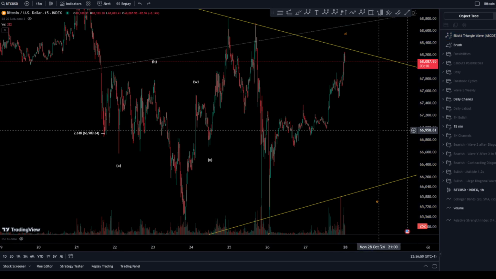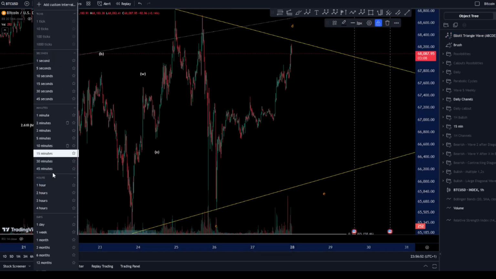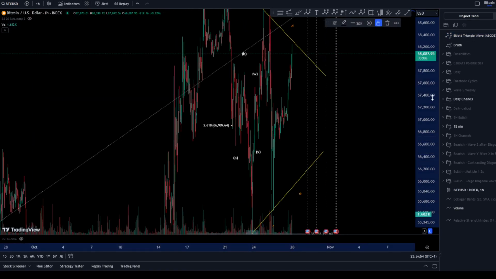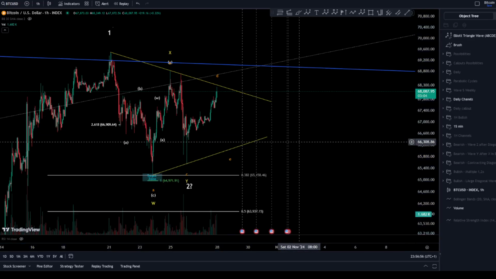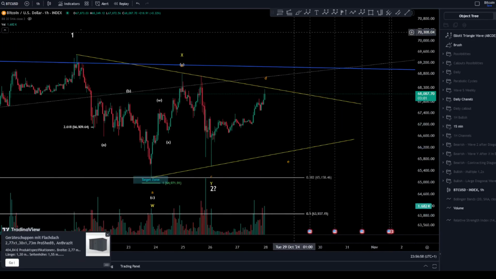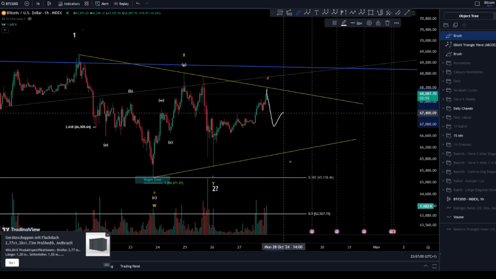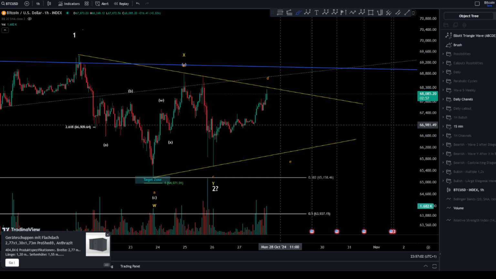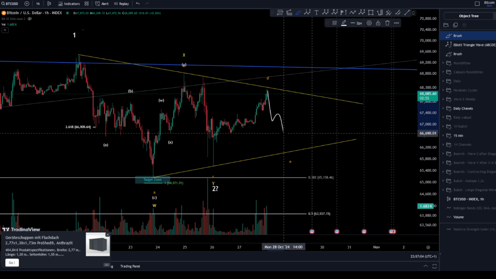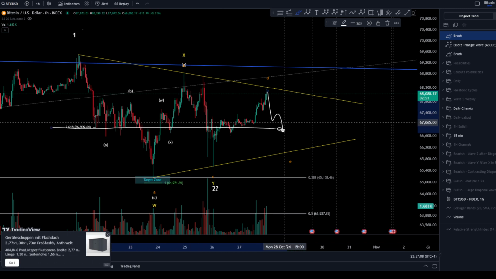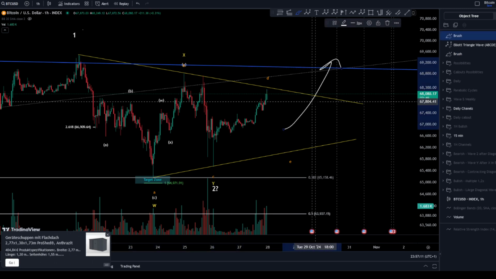Your targets, of course, don't forget this is a correction and this is a wave E of a triangle. So don't forget that a wave E of a triangle can be tricky. Sometimes it can be very short, until the middle of the triangle, and then reverse towards the upside.